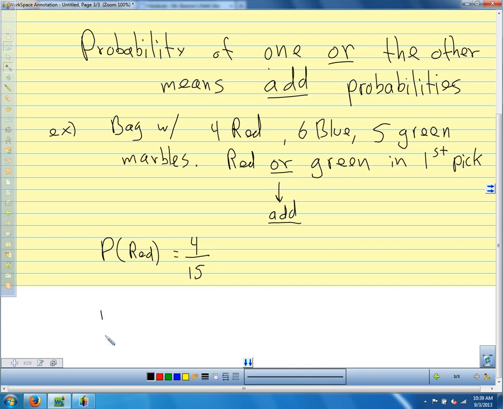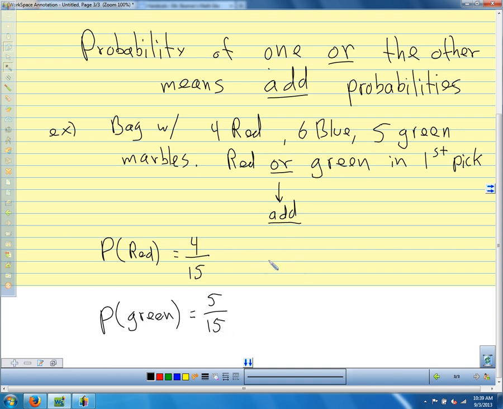What's the probability of picking a green on our first pick? We have 5 possible ones to pick from and still have 15. Now, because I'm going to add, I could reduce the fraction, but I'm going to leave this denominator as 15.